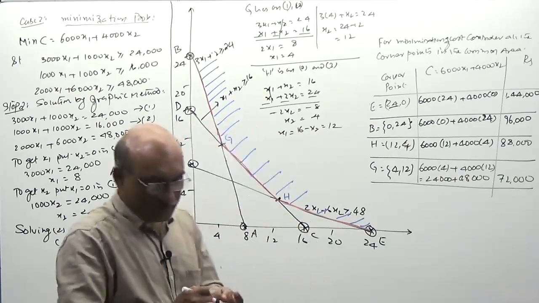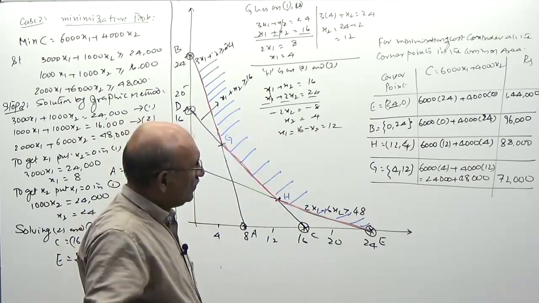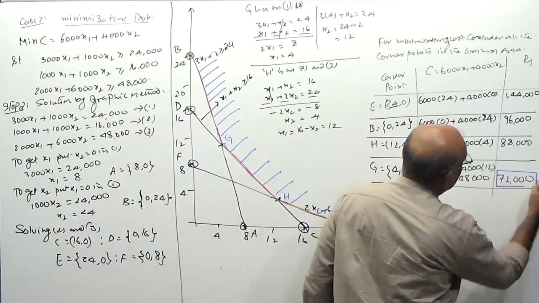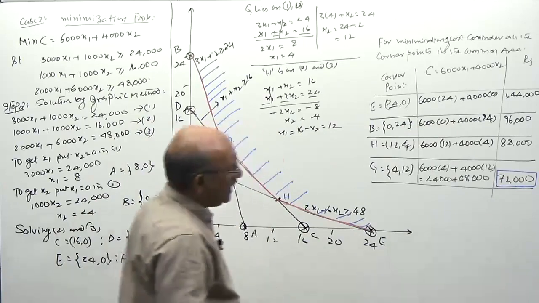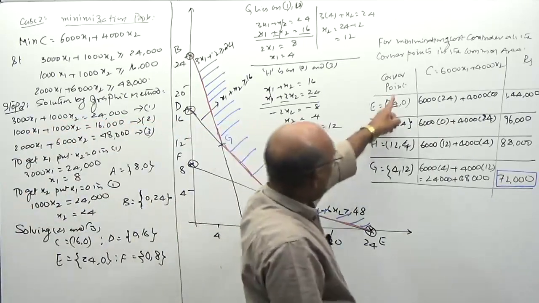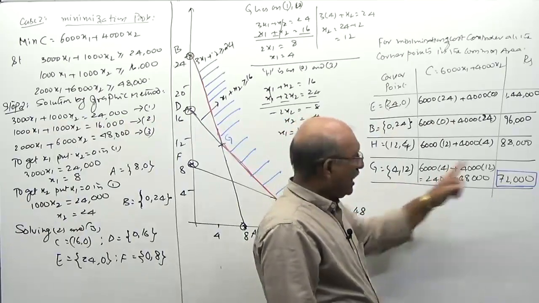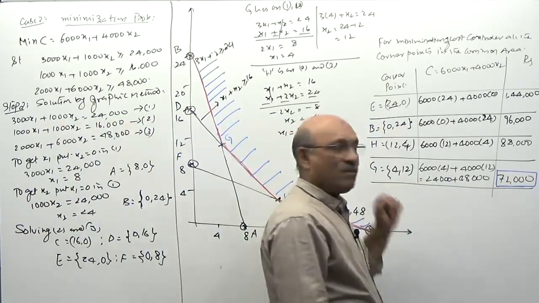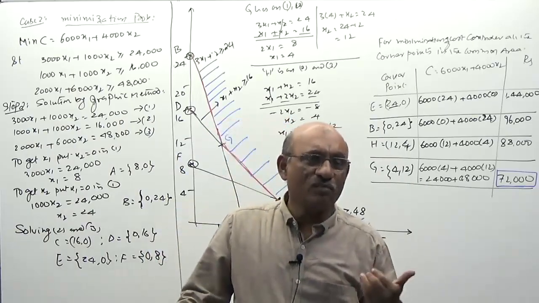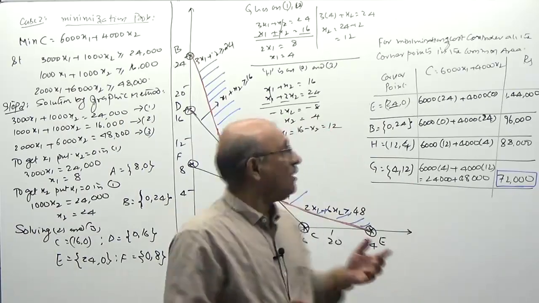Okay. Now look at this. 72,000 is the minimum cost. Out of these 4 solutions, best solution is 4 comma 12. Why is this selected, sir? Our objective is cost minimization.